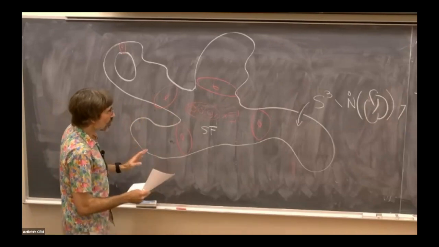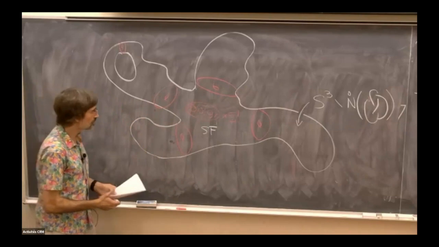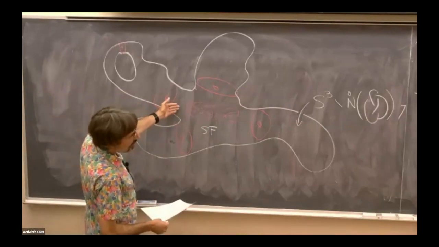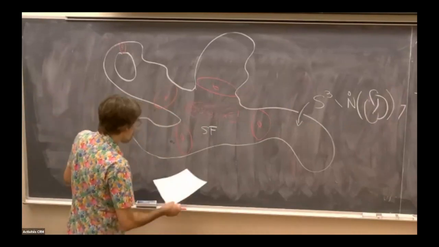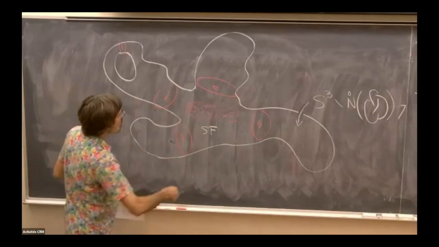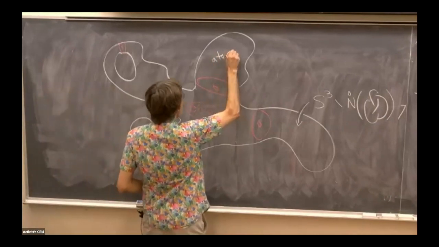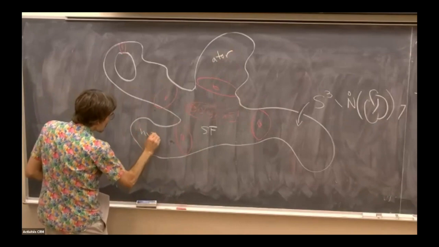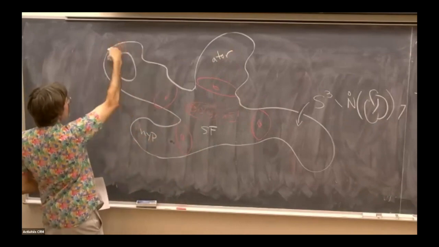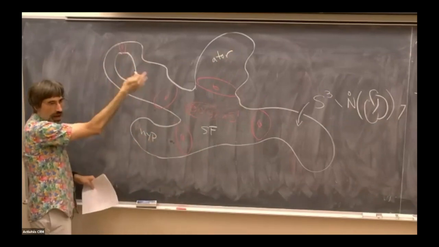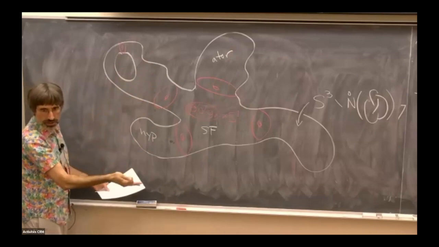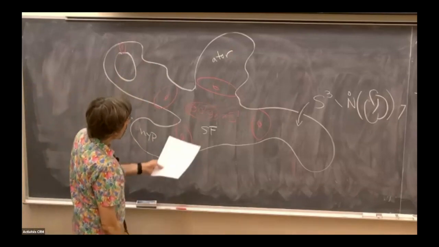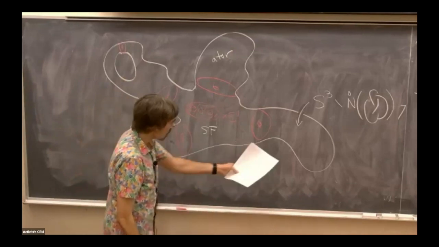Once you start cutting it open, you don't see Sol geometry. So this here, I think, is an H2 cross R geometry piece, for example. And then maybe some of these others are atoroidal, so maybe these are hyperbolic pieces in secret. Here's one that's glued to itself. You imagine there's a complicated graph of how these things are stuck together. But the point is some of the pieces are Seifert fibered and some of them are hyperbolic.